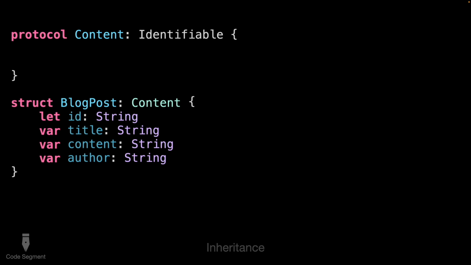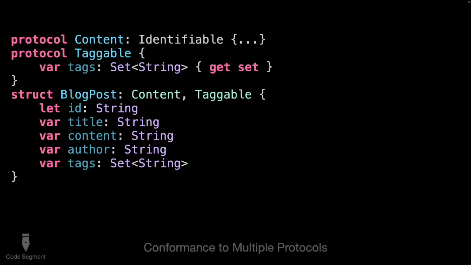Now we can take a look at conforming to multiple protocols. So you can conform to multiple protocols via inheritance, like we did before with content and identifiable, right? However, I did mention you can, using a comma here after content, blog post : content, comma, you can still have more protocols that you conform to.